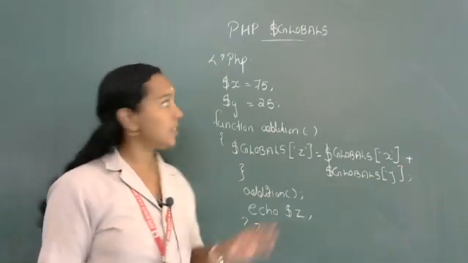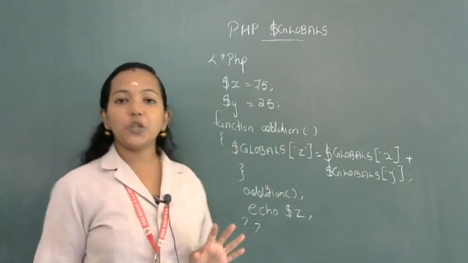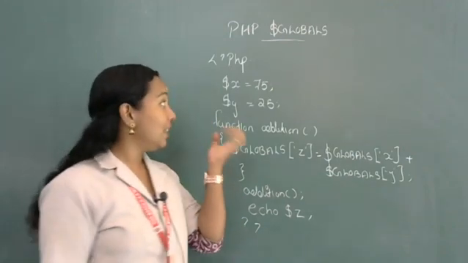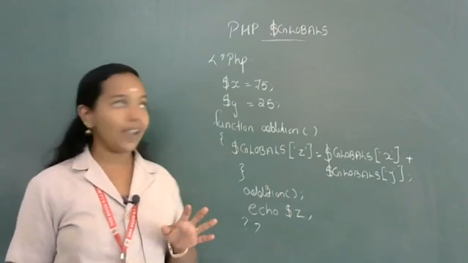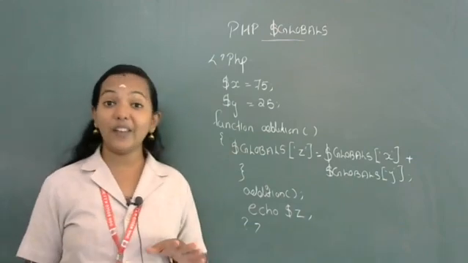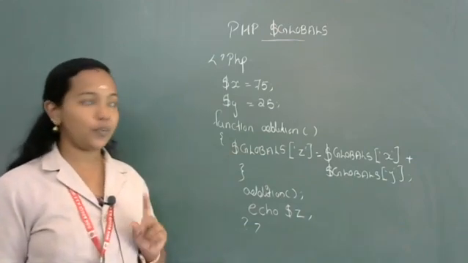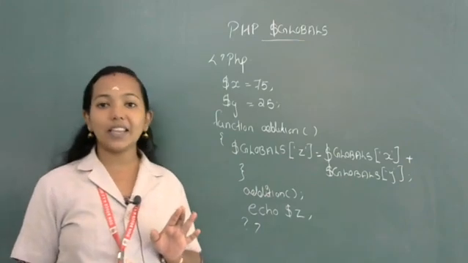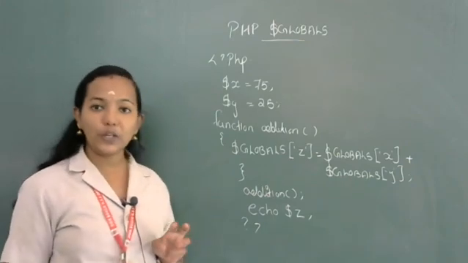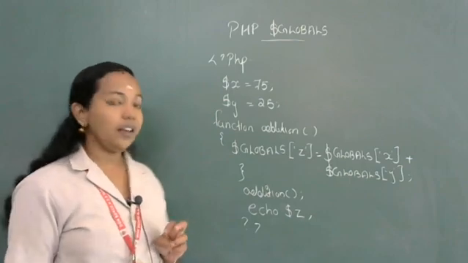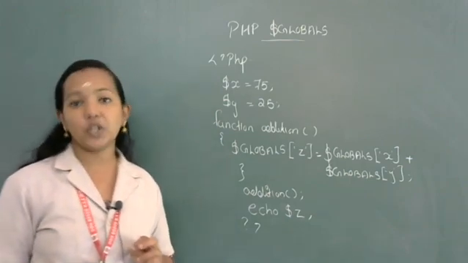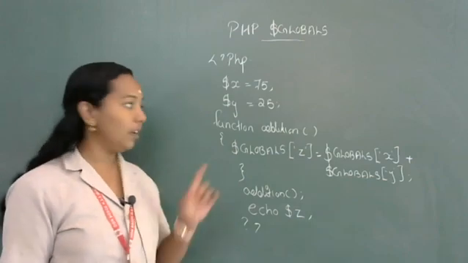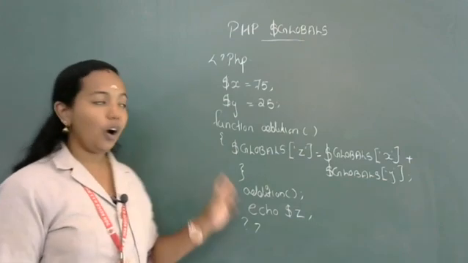So in this we open the PHP program and I am declaring two variables, x and y. X is equal to 75 and y is equal to 25. Then I am going to create one function. What is the function name? Addition. Open the bracket.